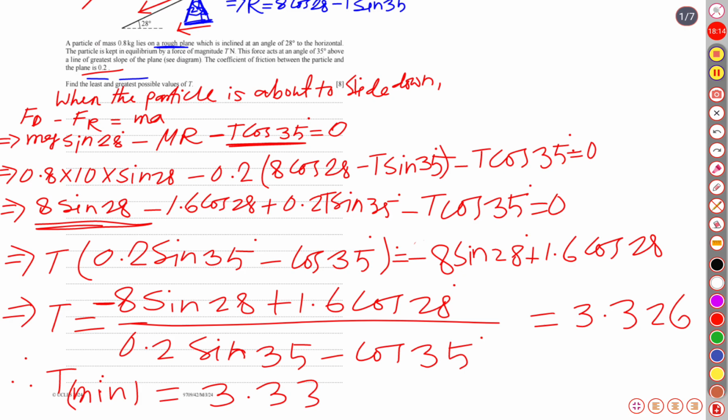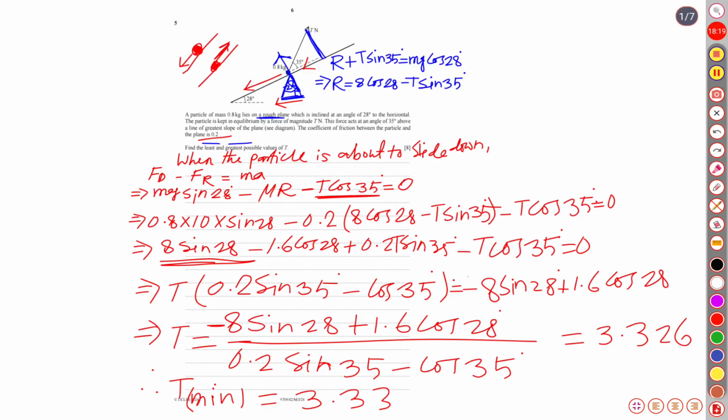So how did we calculate this? I think you have understood so far, as I have told. There are two cases. One is least value. Least value means the external force is one of the resistance forces. Simply remember that for least value, the particle is about to slide down and only weight is the driving force, whereas the external force is one of the resistance forces which causes resistance to motion.